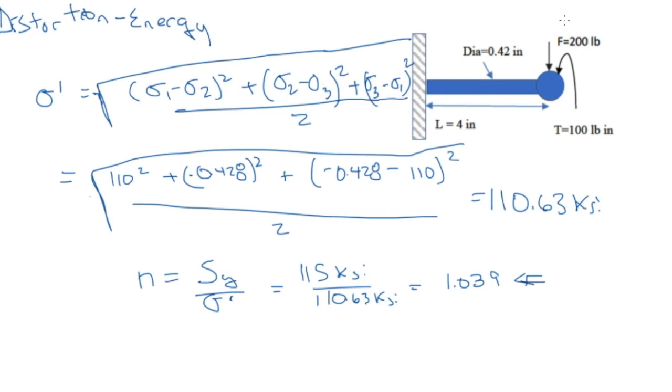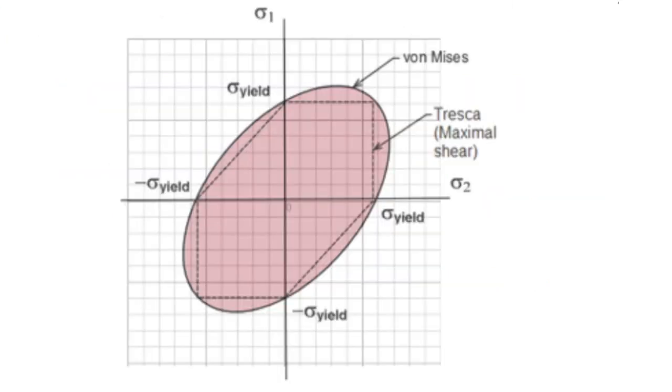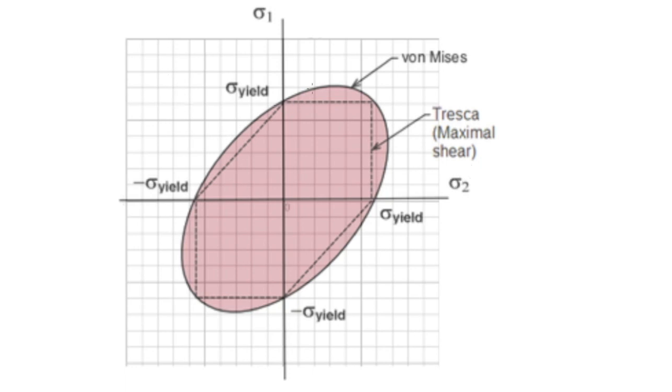So let's go look at the plane stress diagram where we have our two principal stresses, sigma 1 and sigma 2, and the two different failure envelopes. So the ellipse gives us the von Mises or distortion energy theory, and then the polygon gives us the maximum shear stress theory.